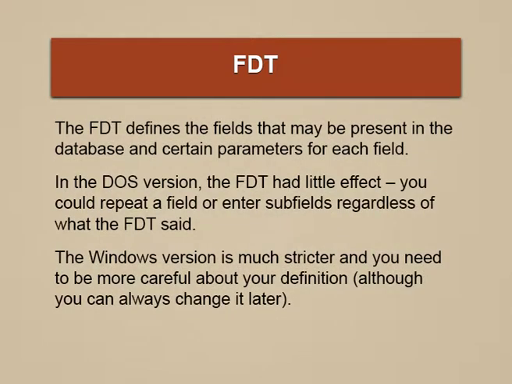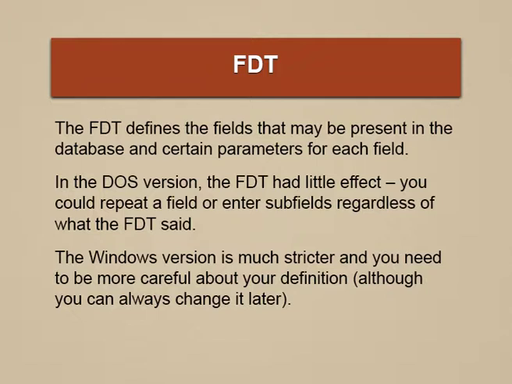Now, here if you see the restriction of the nature of the FDT, in the CDSIS for DOS version the FDT parameters are not up to that level. That means the database creation is not really based on the definition of FDT. For example, in case of CDSIS for DOS, if you have not defined a particular field as a repeatable field, you can still enter different occurrence values for that field.